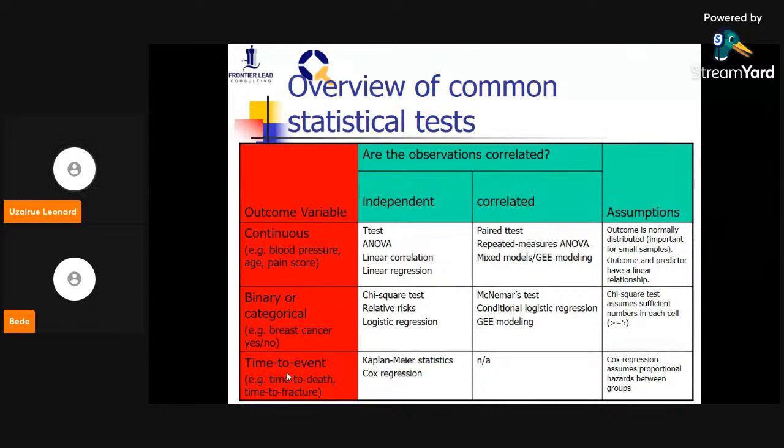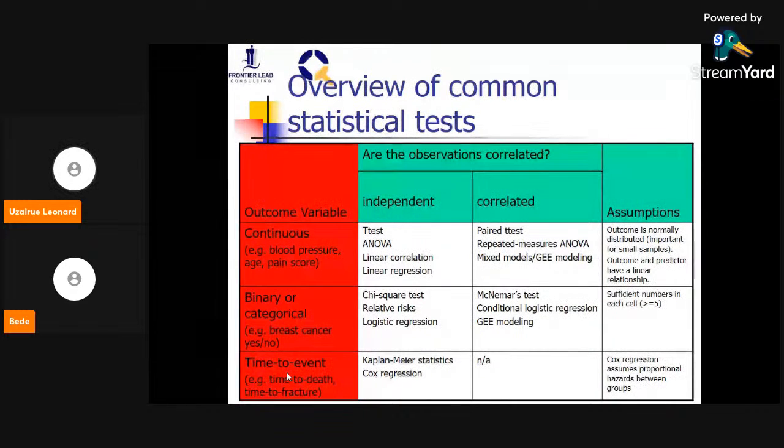This is usually utilized in drug and equipment or device studies. Cox regression assumes proportional hazard between groups, that's only when you are looking at hazard between a particular exposure or use of a drug and all of that.